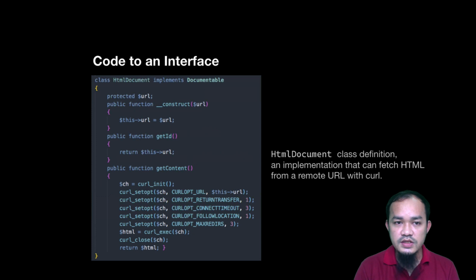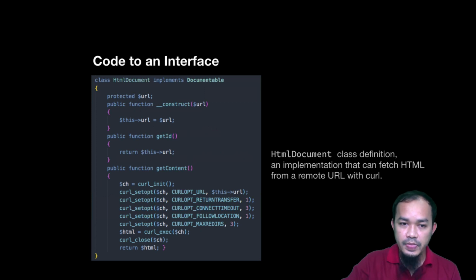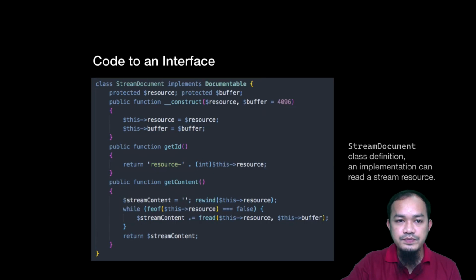This is about HTML, to retrieve and read the HTML from any URL. So this is the function getContent. getID gets the URL that we want to pass, so we can receive the data. Same thing here, we want to read a text document, so we implement the DocumentTable interface, and then we have to include two functions also, getID and getContent.